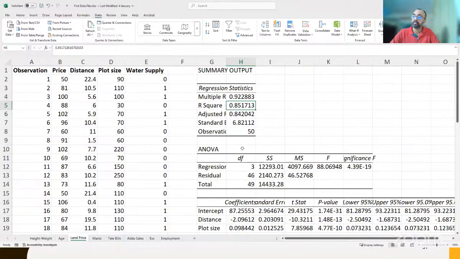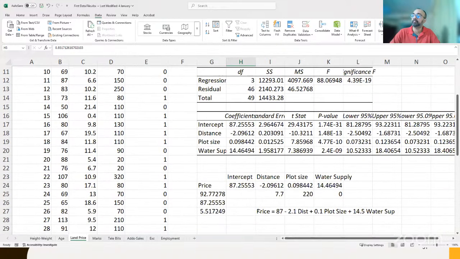So this equation is the pricing model. It explains how the price is built up. It is not built up through any chemical reactions or something, so it is not that kind of science.